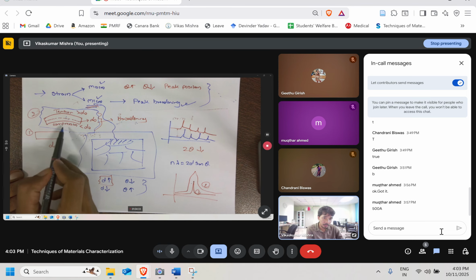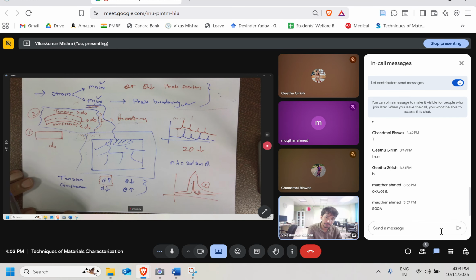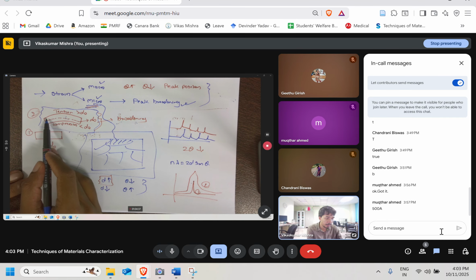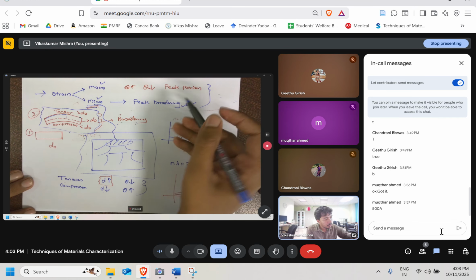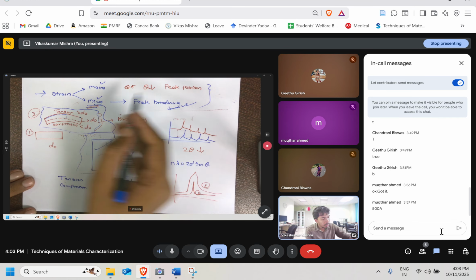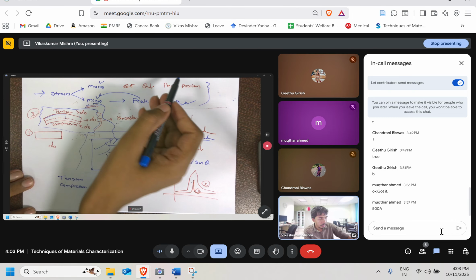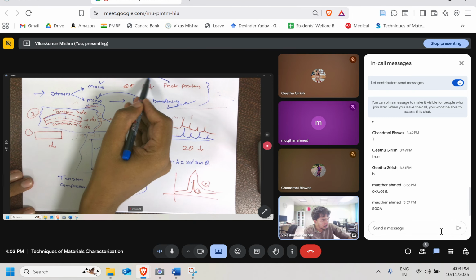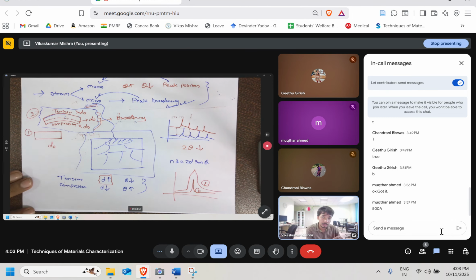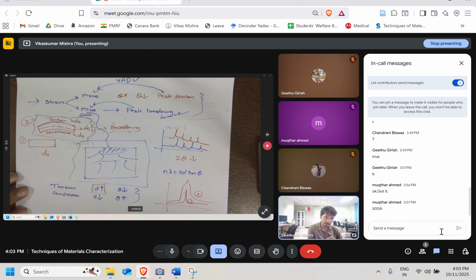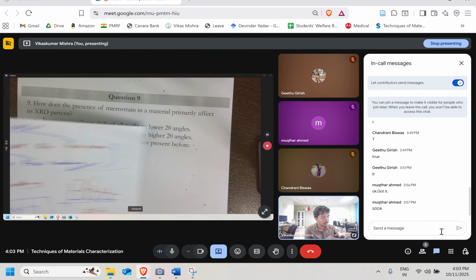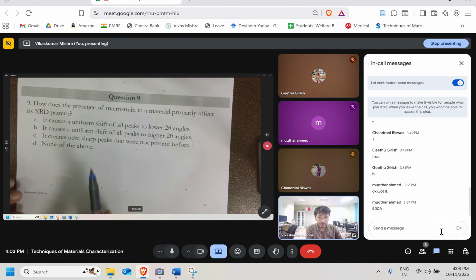The tensile and compressed regions are elongated; here the atomic spacing will be more, here it will be less. So the peak broadening will tell the information of the microstrain, and if all the peaks are shifted towards a particular side, either the left or the right, they are contributing toward the macrostrain. Based on this only, I have designed the question over here.